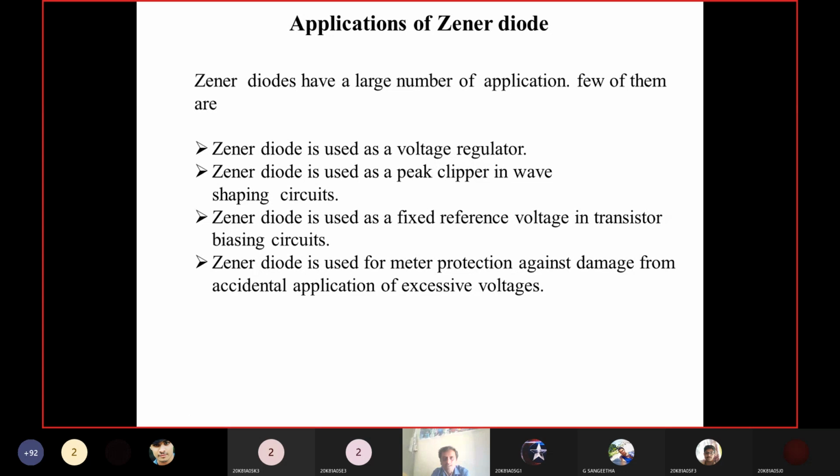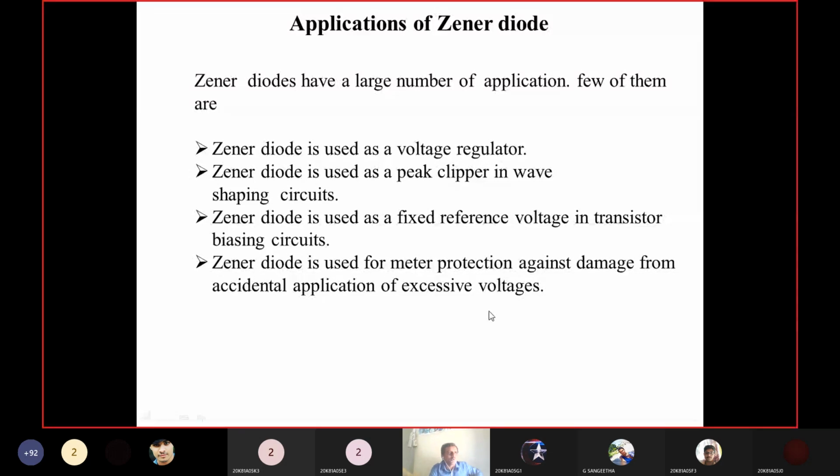Like a voltage regulator, if excess voltage comes it may damage our circuits, so by using Zener diodes we can protect against the excessive voltages. That's why we can use it as an accidental damage protector. These are some applications of Zener diode.